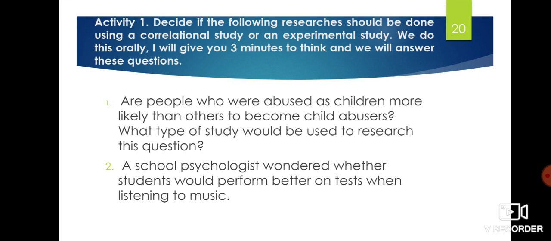Okay, let us have the answer. What is your answer for number 1? Okay, the correct answer in number 1, this should be done using the correlational study. If you are correct, give yourselves a round of applause. Why is it a correlational study? Because it might violate the ethical principle guidelines if you pursue an experimental study, because we're talking about abused children.